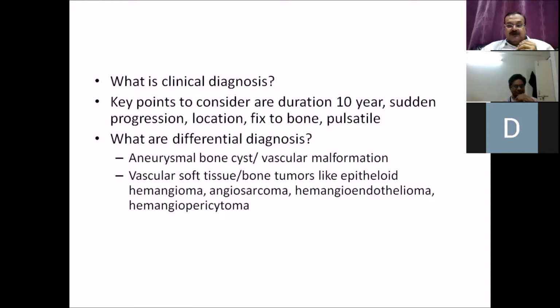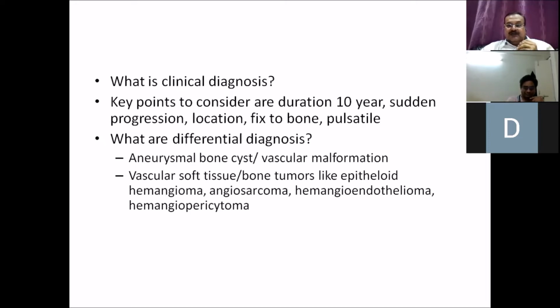These are the four tumors which normally present with pulsatile swellings, vascular soft tissue sarcomas. Other sarcomas do not present with pulsatile swellings. So in the soft tissue sarcoma, you will further be limited to angiosarcoma, hemangioendothelioma, hemangiopericytoma, and of course epithelioid hemangioma.